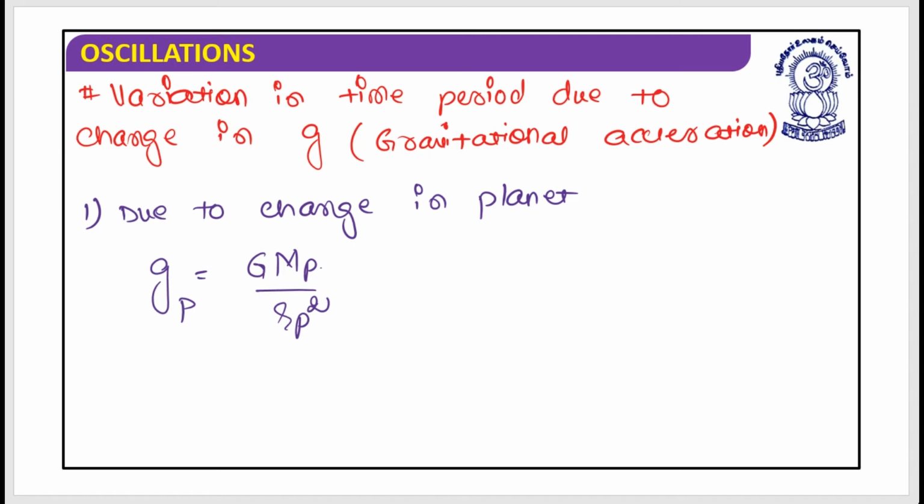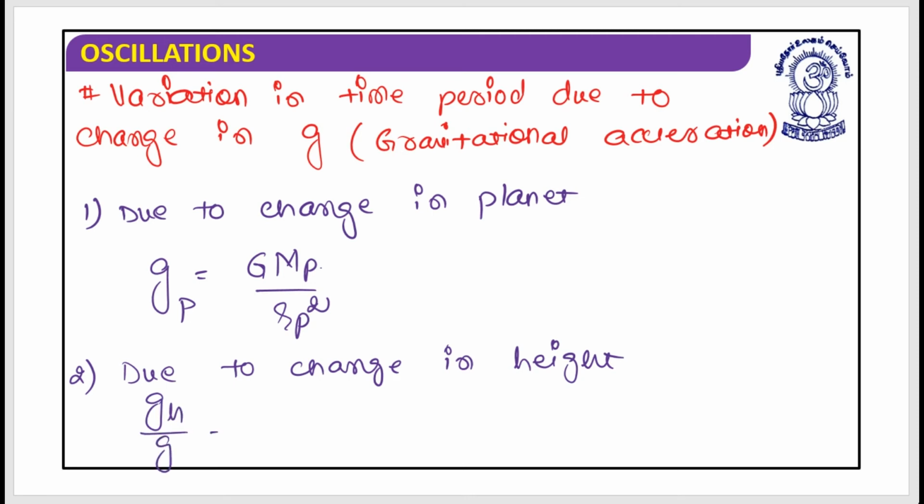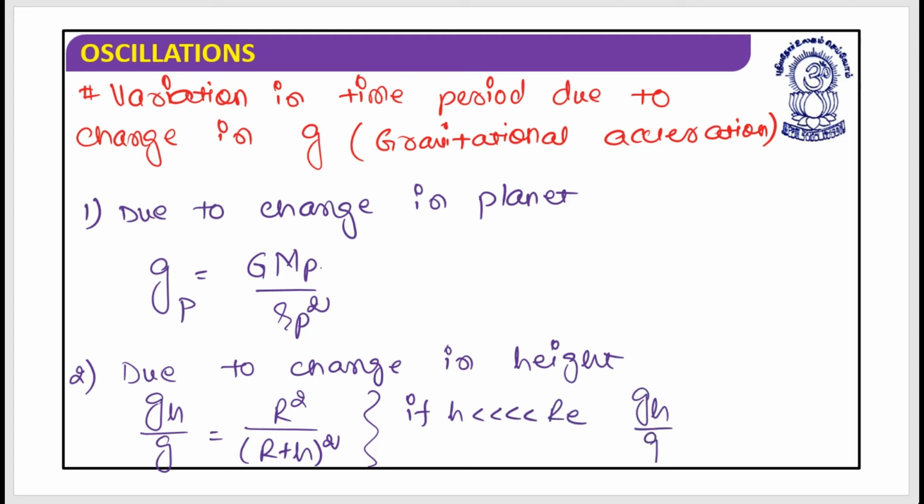This is g. Second, due to change in height. We have the relation gh by g equals R square divided by R plus h whole square. And the other relation, if h is much less than Re, or we can say R, then this gh by g could be given as 1 minus 2h by Re.